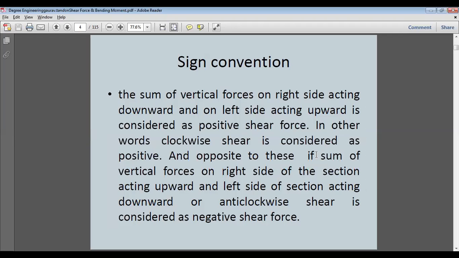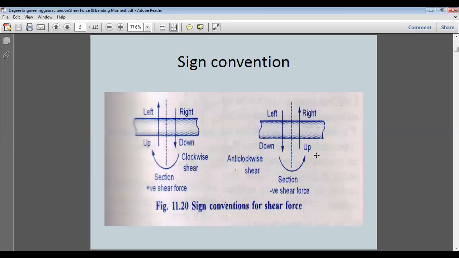So first, sign convention. How is shear force studied? We have earlier discussed that if we have to check the beam, and if in the left portion of the beam the shear force is acting upwards, the sign convention is positive. Otherwise, in the left section, if the force is acting downwards, the shear force is negative.